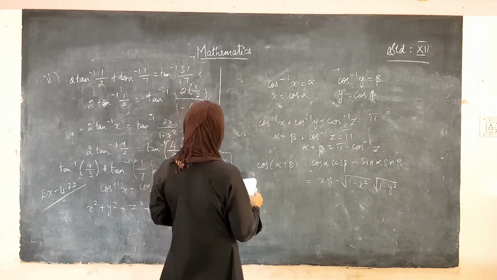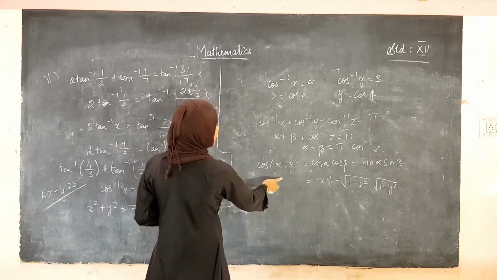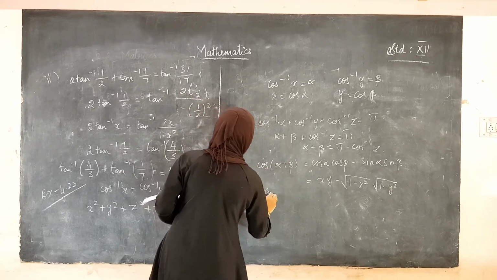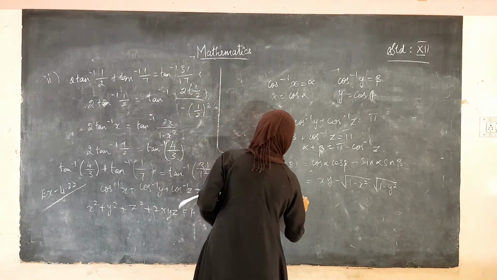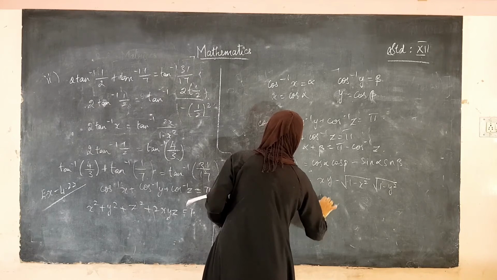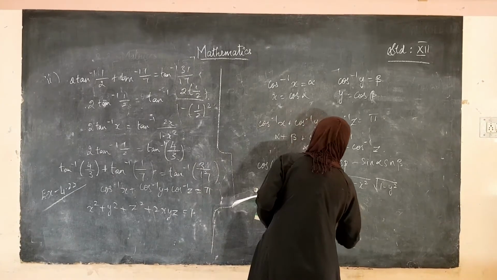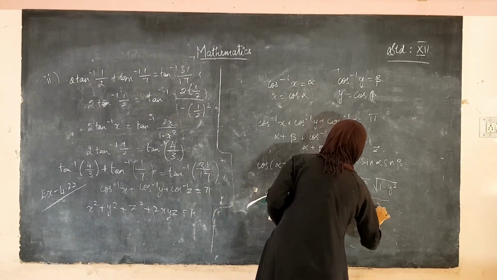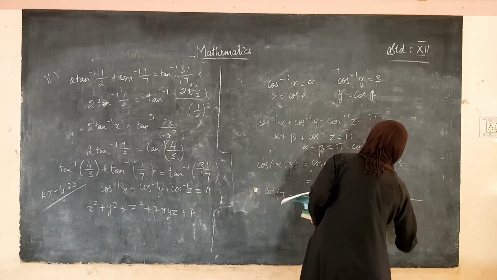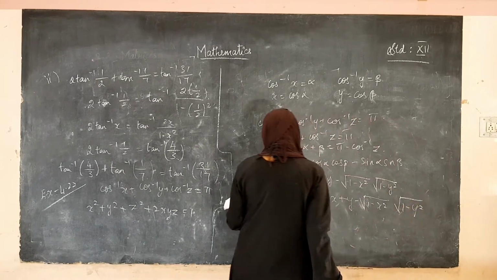Okay, see here, we took cos of alpha plus beta. We are substituting this: cos of pi minus cos inverse of z is equal to x into y minus root of 1 minus x squared into root of 1 minus y squared.